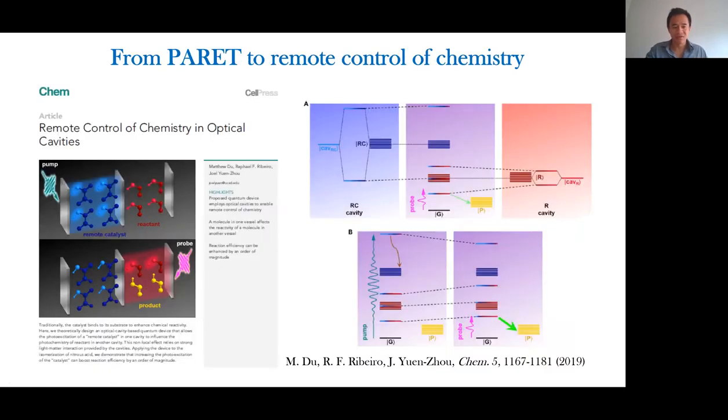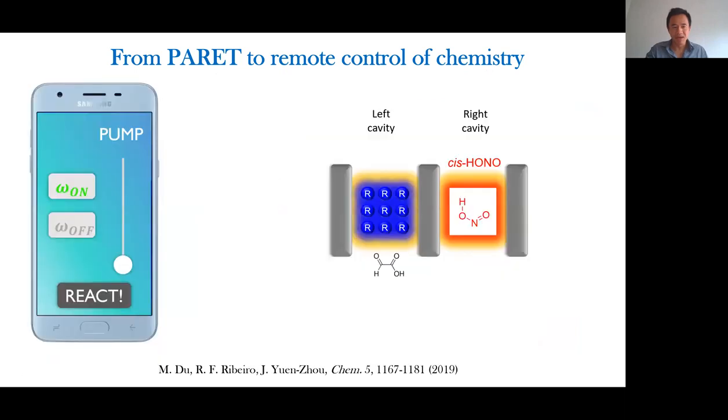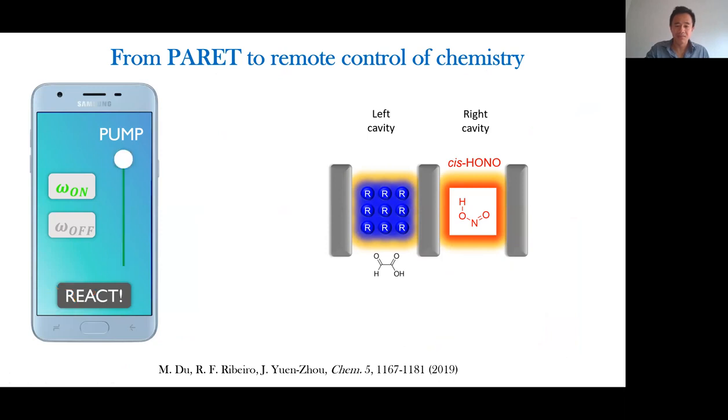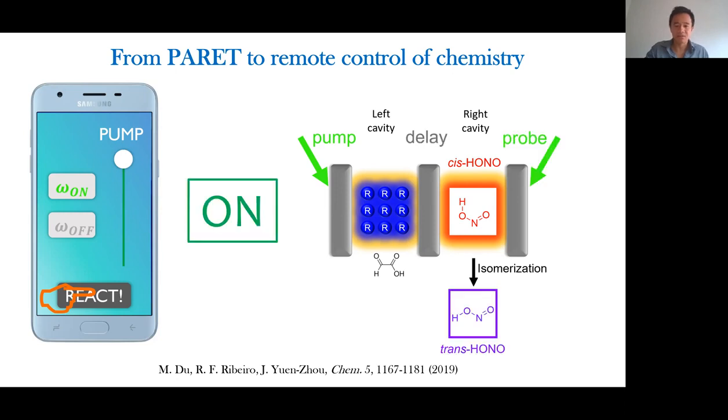So this is a paper in Chem, and the idea is, let's take some left cavity and put some remote catalysts, and if you excite the molecule, there is no isomerization. But then if you pre-excite the left cavity, there is isomerization.